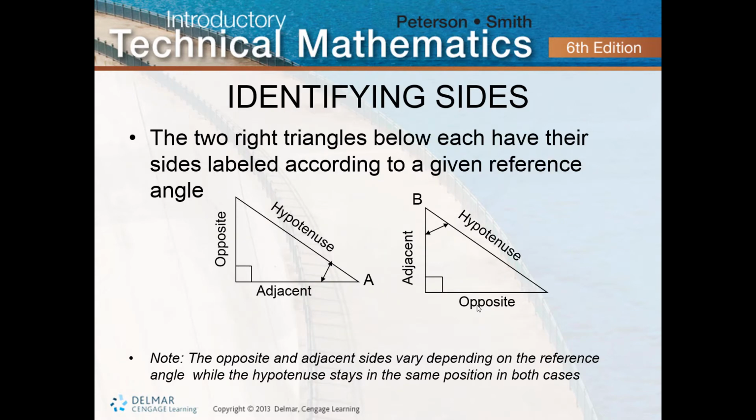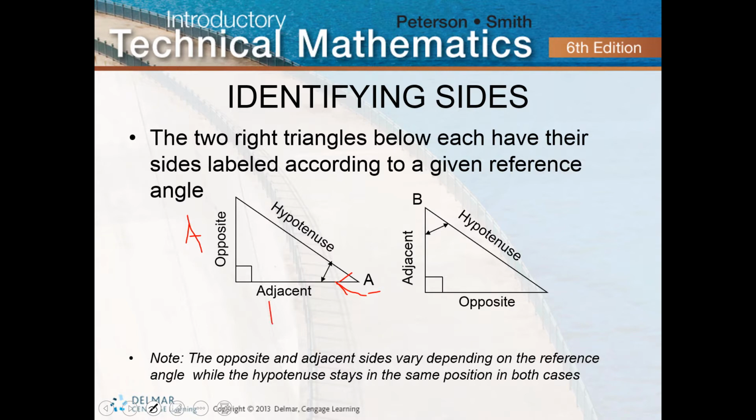All right, so if our reference angle is right here, what side is opposite to it? Let's call it side A. That is opposite to angle A. Adjacent means next to.